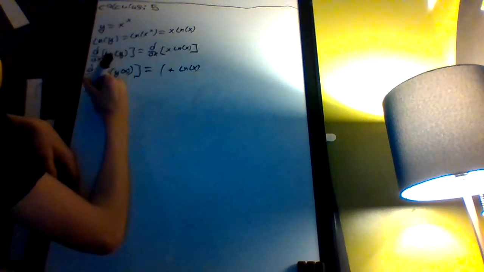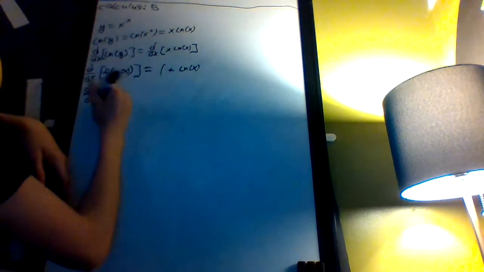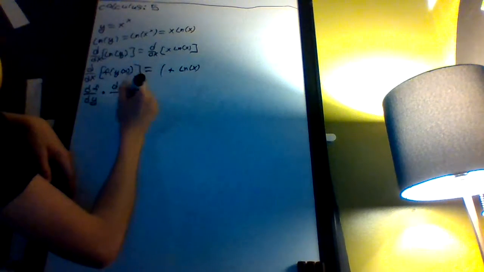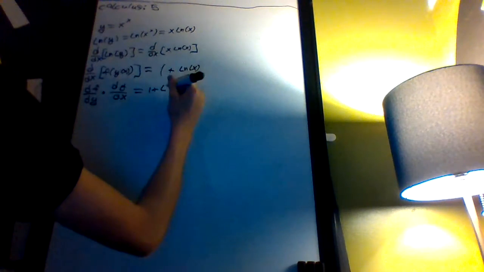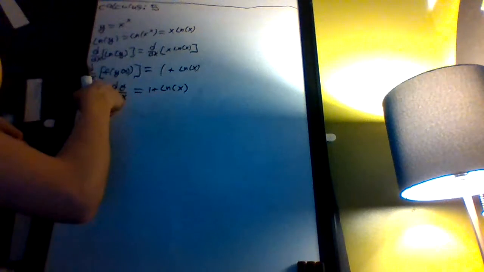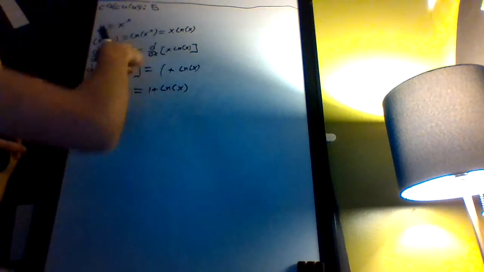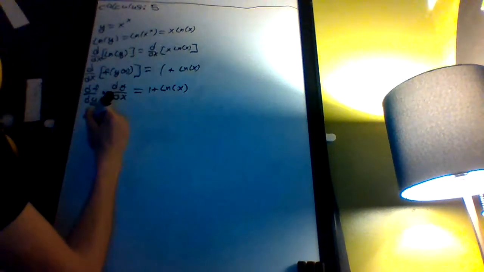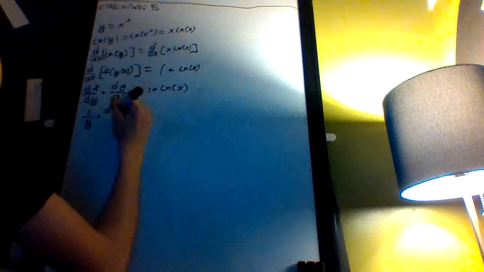So, we know that this is going to be the derivative of the natural log in respect to y times the derivative of y in respect to x, right? But now, what's this going to be? Well, natural log of y, derivative of that in respect to y, is going to be 1 over y, right? Times dy dx, right? Because derivative of natural log of x is 1 over x.